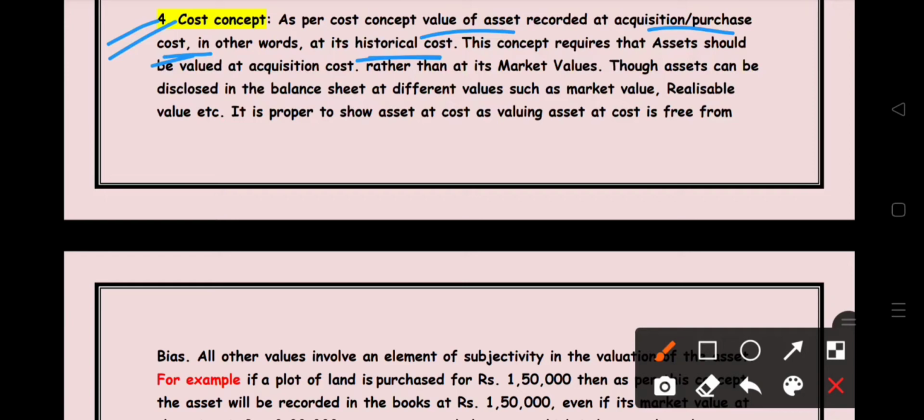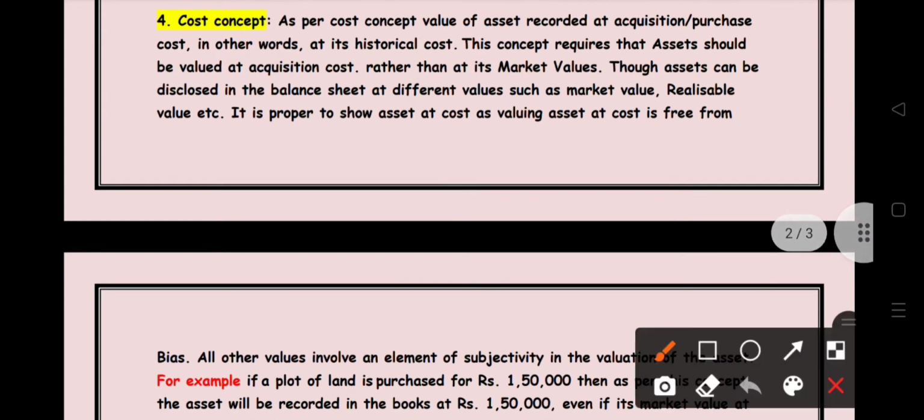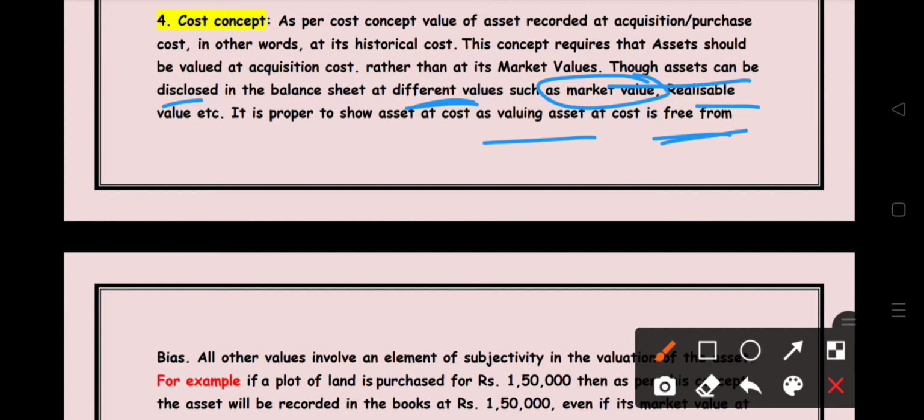This concept requires that the asset should be valued at the acquisition cost rather than the market value. Though the asset can be disclosed in the balance sheet at different values such as market value, realizable value, etc., valuing an asset at cost is free from bias.